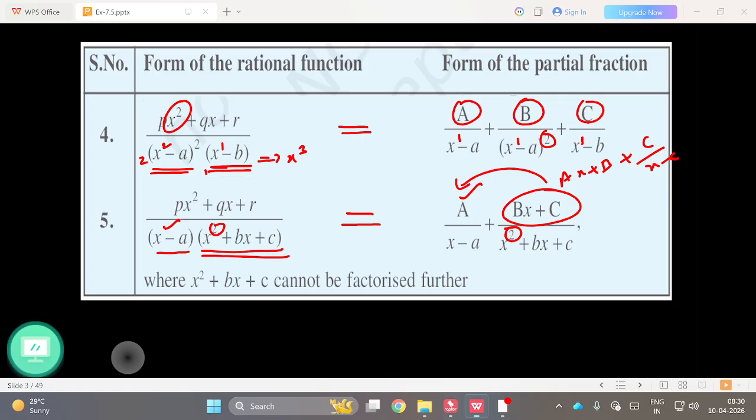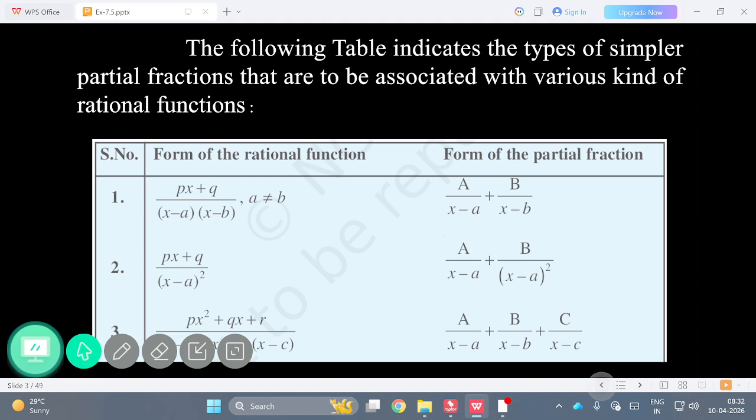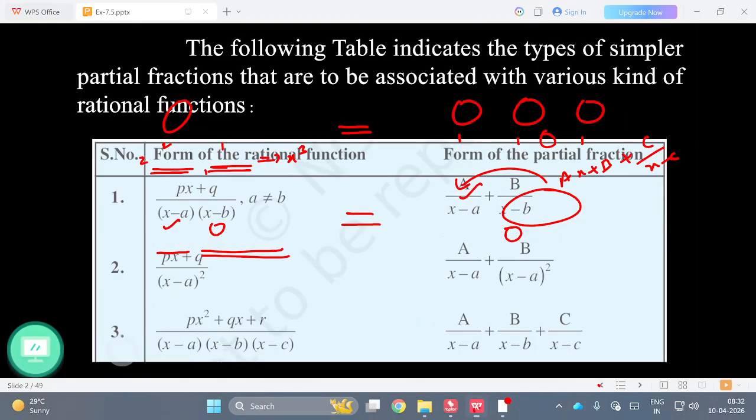Okay, wow. The concept is these four types. The first type is not repeated, correct? That is the first type. The first type and the third type are the same, different factors.